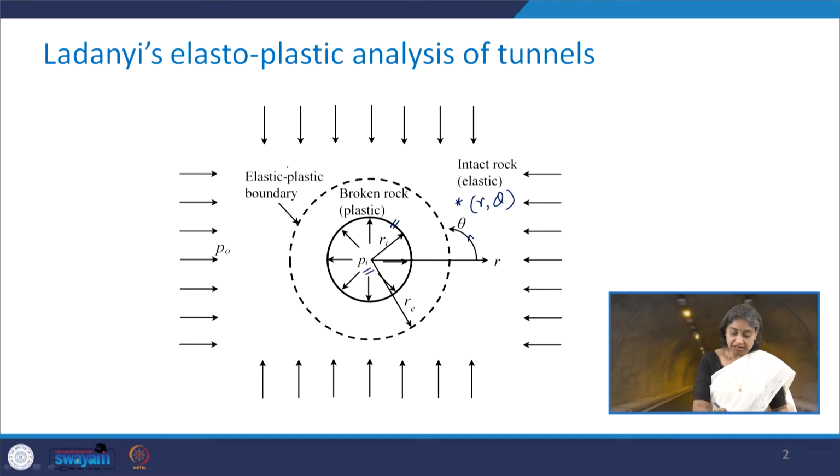Then you had the elastic-plastic boundary, beyond which the intact rock behaves elastically. In between the boundary and the tunnel periphery, we had the broken zone, which we consider to be acting as the plastic zone. It was assumed that this complete system is acted upon by the hydrostatic state of stress P naught.